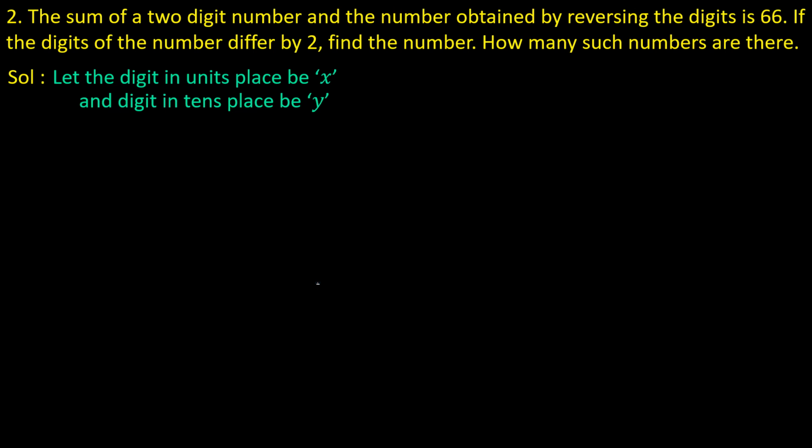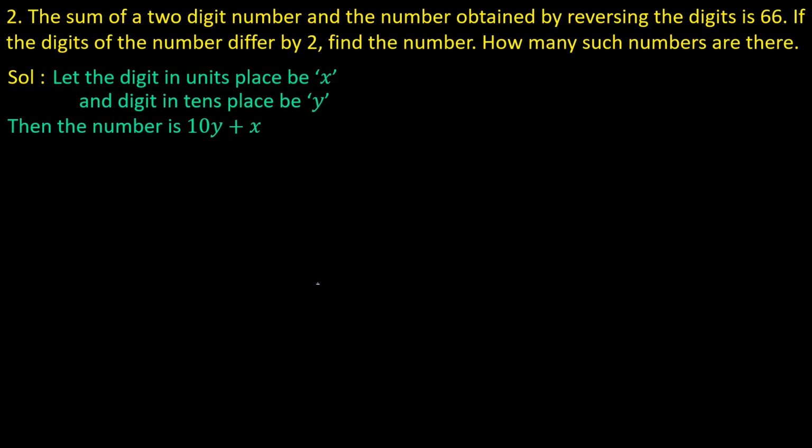In the number 63, the digit in units place is 3 and the digit in tens place is 6. So we can express 63 as 10 into 6 plus 3. That is 10 into the digit in tens place plus the digit in units place. So the number is 10 into y, the digit in tens place, plus x, the digit in units place. So the number is 10y plus x.